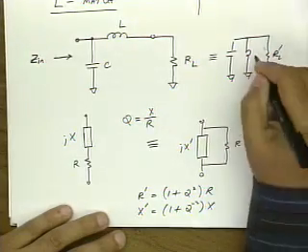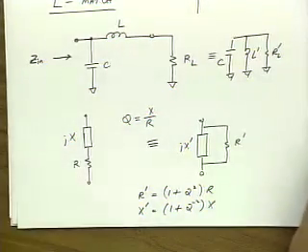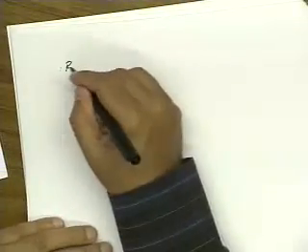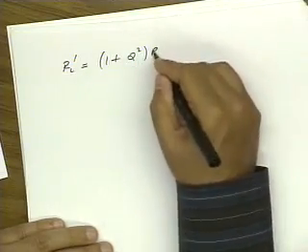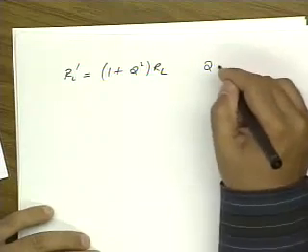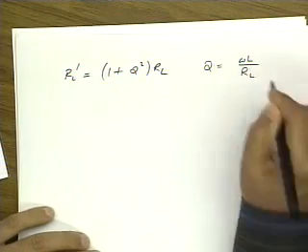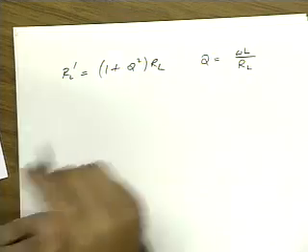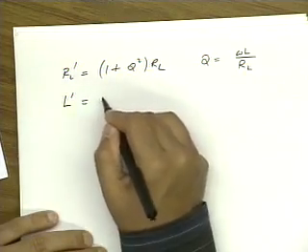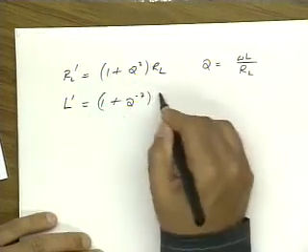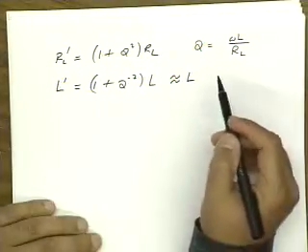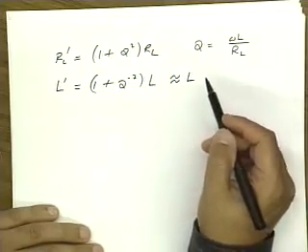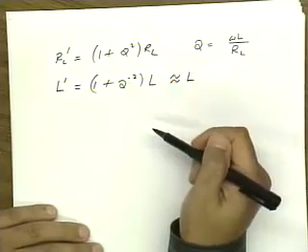This will be RL prime, this will be L prime, and this will be C. If I apply this formula, RL prime is equal to (1 plus Q squared) times RL, where Q is omega L over RL. L prime is (1 plus Q to the minus 2) times L, which is approximately L if the quality factor is, let's say, larger than 4 or 5. If not, we should account for how much L changes.